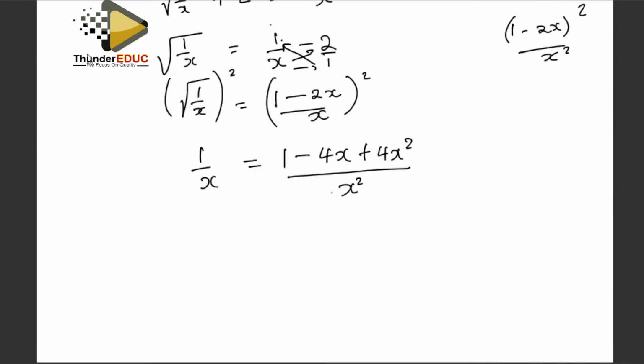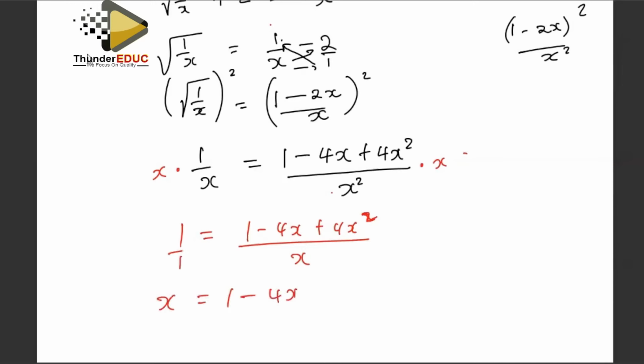So that's going to be times x and then times x. Okay, meaning that 1 is equivalent to 1 minus 4x plus 4x squared over just the plain x, and then do the cross multiplication again. x is 1 minus 4x plus 4x squared.